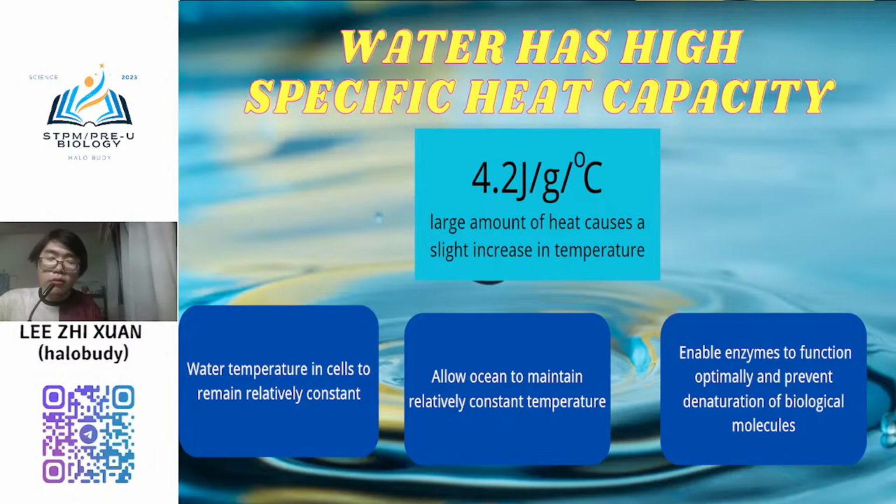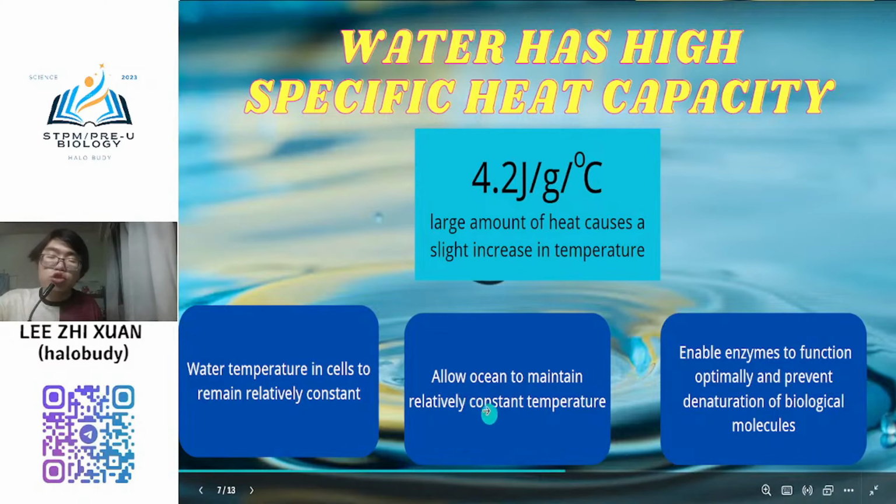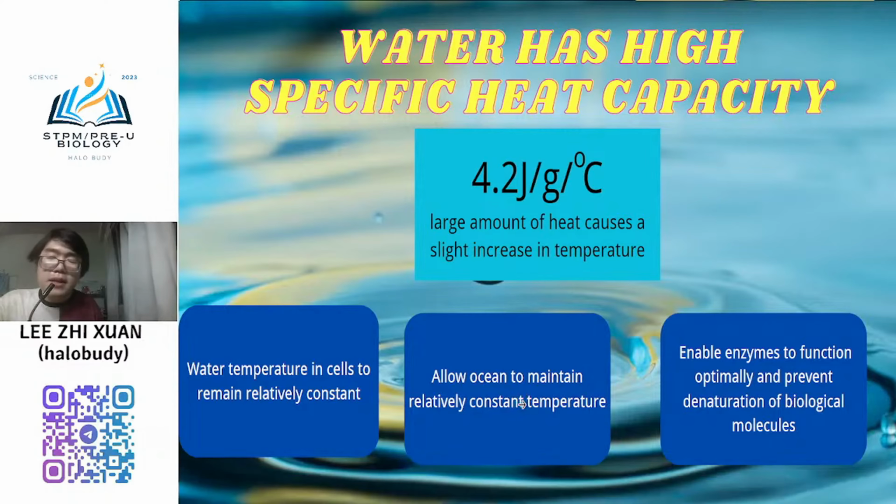Why? Because it has a high specific heat capacity. Increasing the temperature of water is very difficult. Due to this property, the ocean temperature can be maintained, so marine organisms can survive.